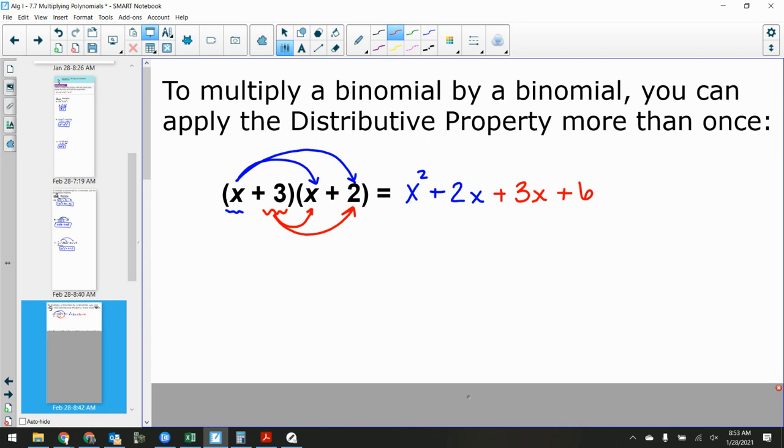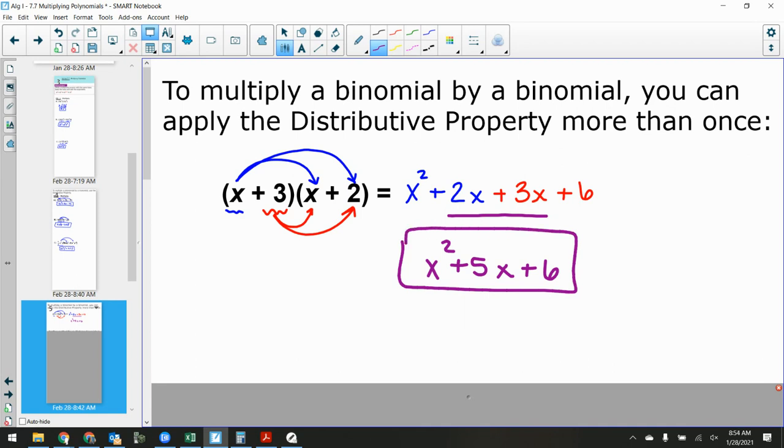So I just applied the distributive property twice. Now, can I combine like terms in the end? Are there like terms? Yes, the x's. I can combine these x's to leave us with x squared plus 5x plus 6. And that's my answer.